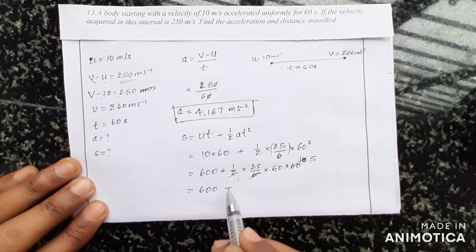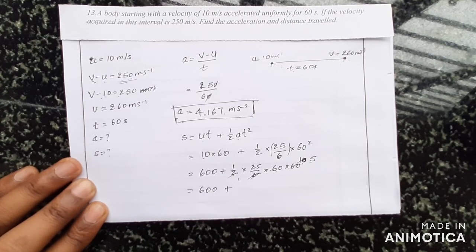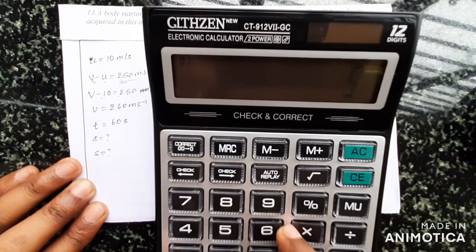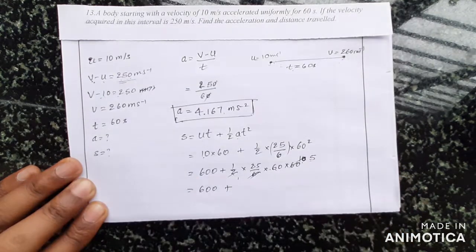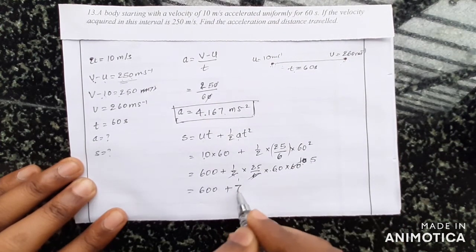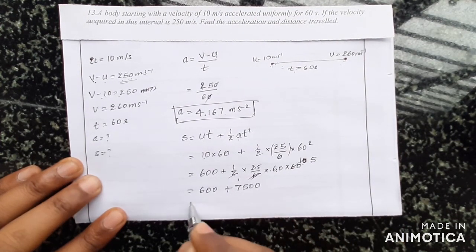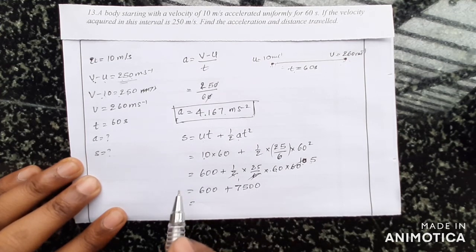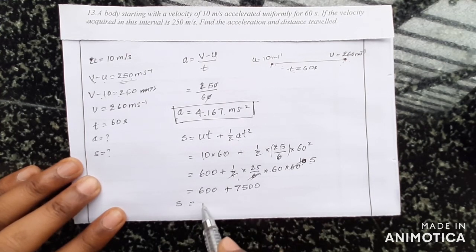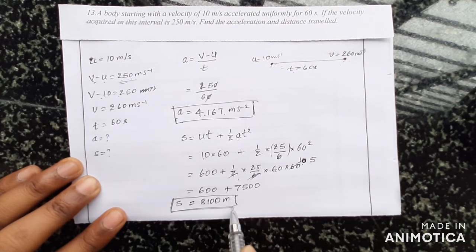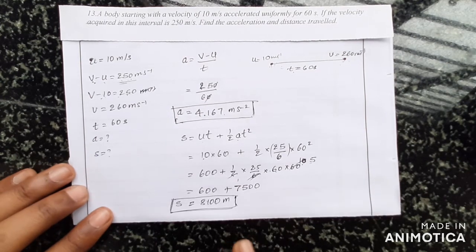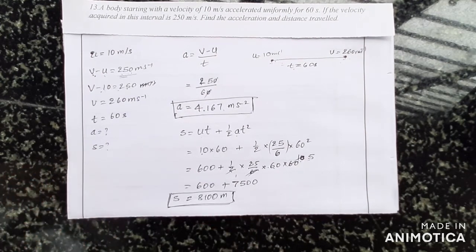So 600 plus 5 into 25 into 60, which is 7,500. So the total displacement of the body is going to be 8,100 meter. Better keep it in meter itself; you don't need to convert it into kilometer.